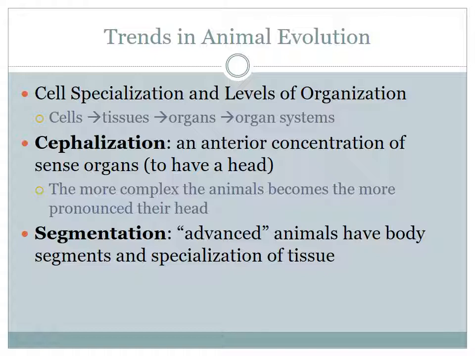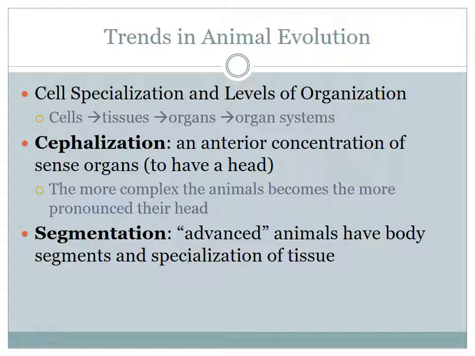They're more than just a couple of cells working together. They have tissues. Those tissues are used to form organs, and organs are used to form organ systems. Now, some of the most simple animals we'll look at will only have tissues, but as we take a look at the evolution of animals, we're going to see that progress from tissue to organs to organ systems.